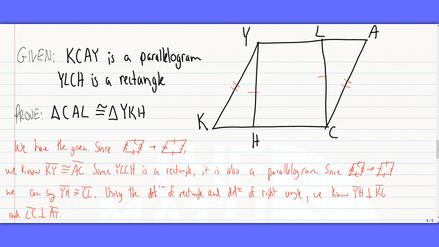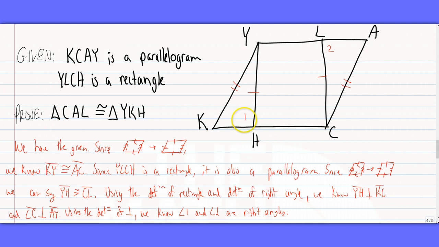So we have perpendicular. I'm going to put some angle numbers in here using the definition of perpendicular. We know angle 1 and angle 2 are right angles. We don't have to prove them congruent.